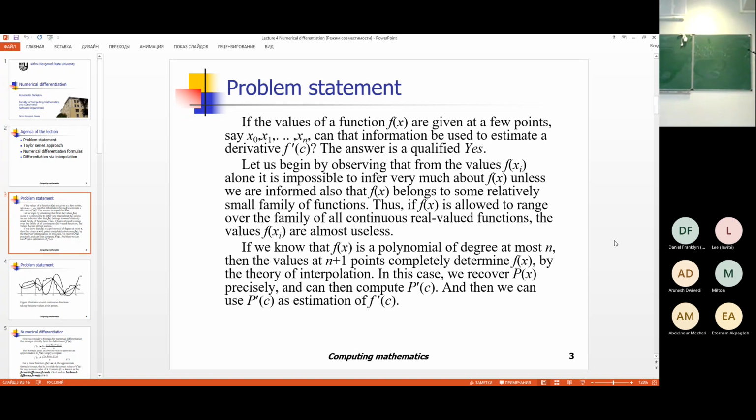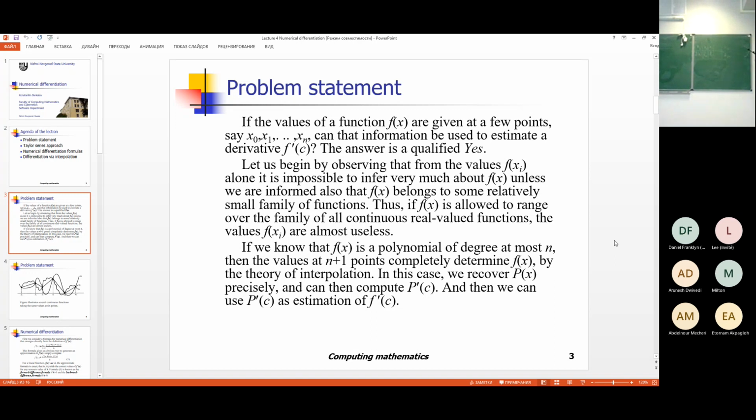Let me explain this problem statement. When we considered some mathematical preliminaries, I asked you what is a derivative, and I asked you about the rules of differentiation, and you told me some simple rules.